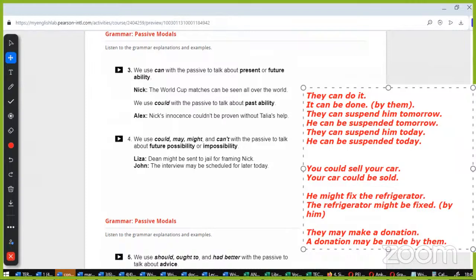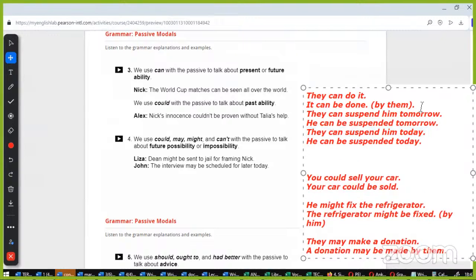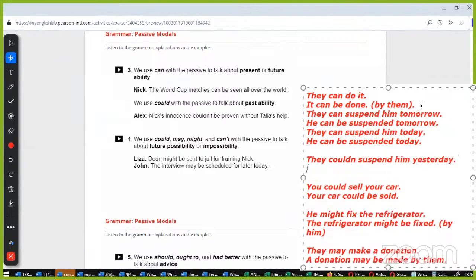So this works for present and future ability. Okay, mister, thank you. They couldn't suspend him yesterday. How would you do this one? He couldn't be suspended yesterday. Great.